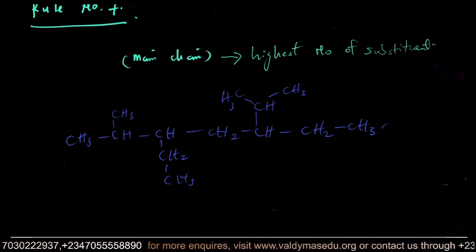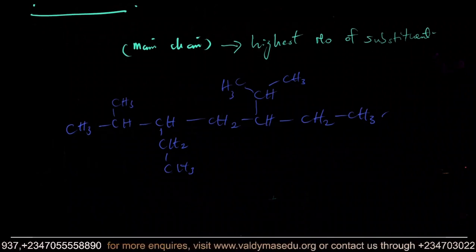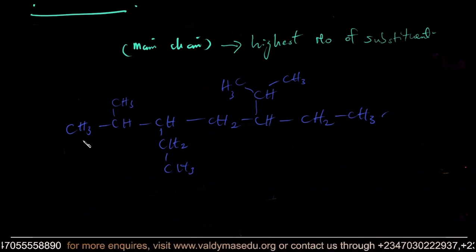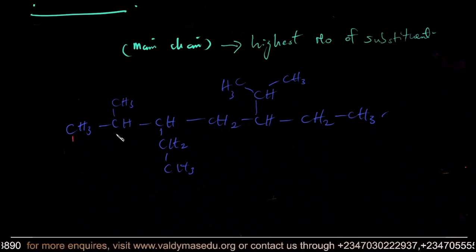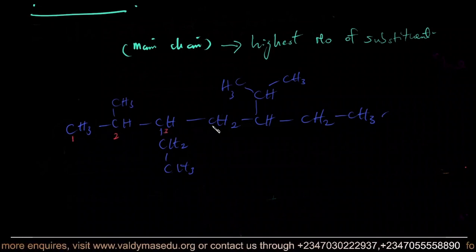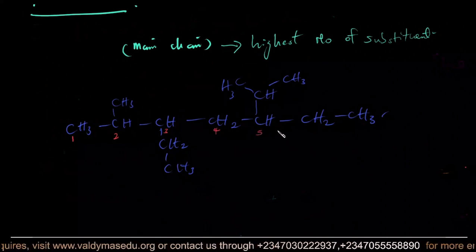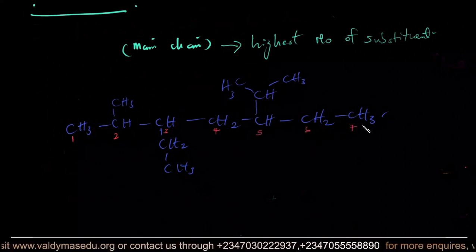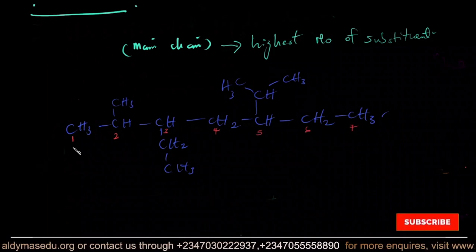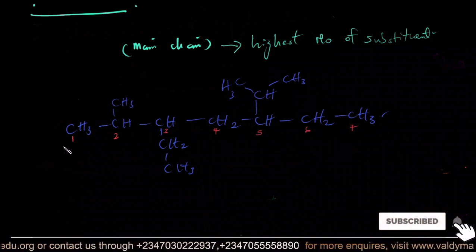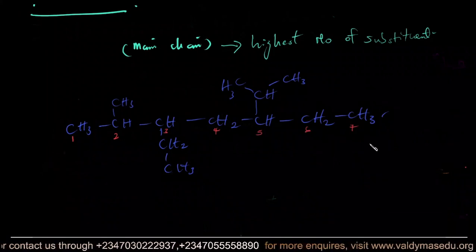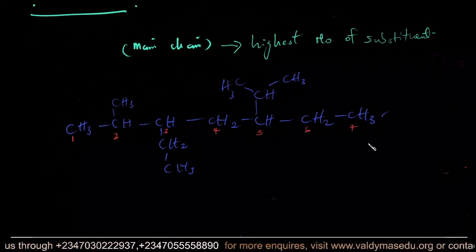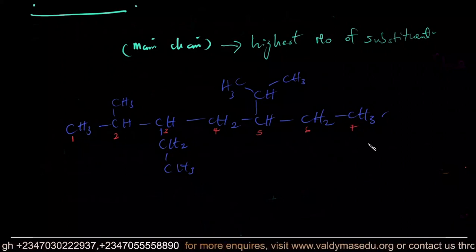Let's start the first one from this side. We have carbon 1, 2, 3, 4, 5, 6, 7. Starting our counting from this end, we have 1, 2, 3 to 7. Then how many substituents do we have on this main chain?